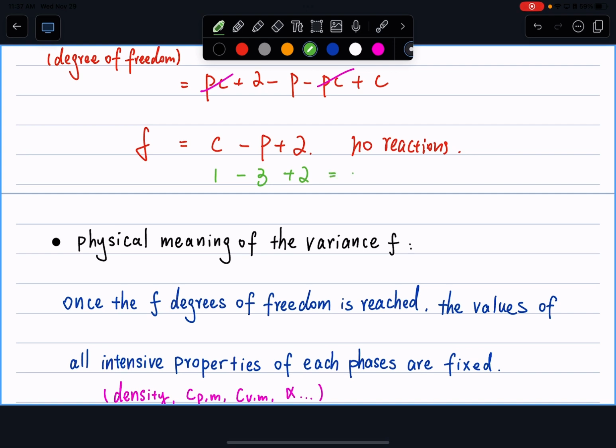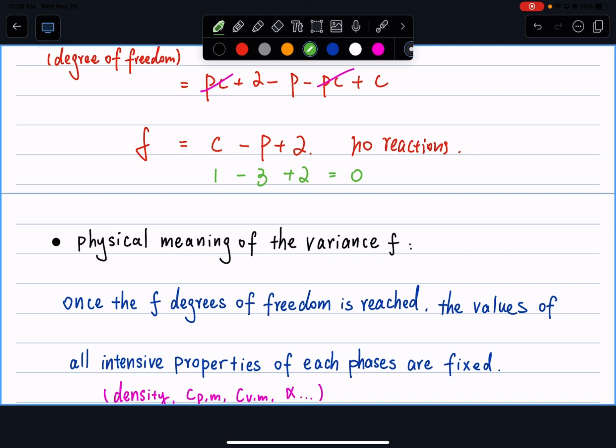This gives you 0. That tells us that for water, or any one-component species, there exists only one point where liquid, solid, and gas are in equilibrium with each other. It's a very specific point that we call the triple point. You'll see that in the phase diagram.